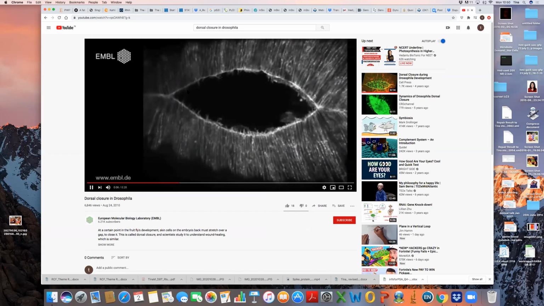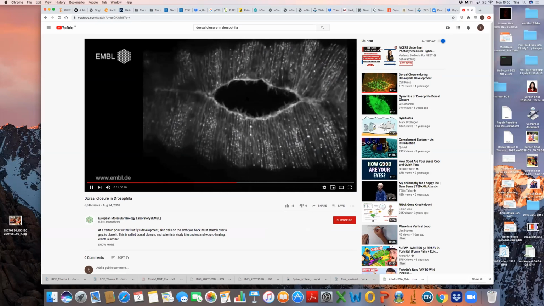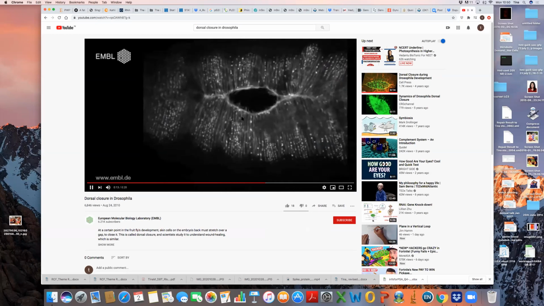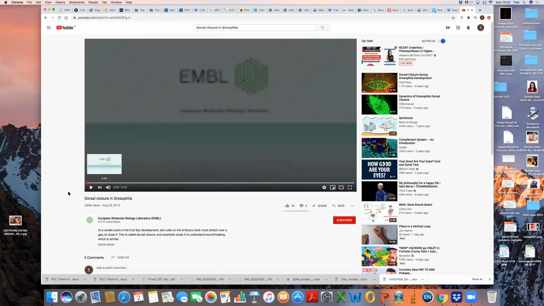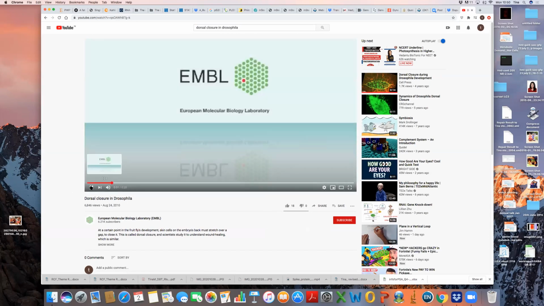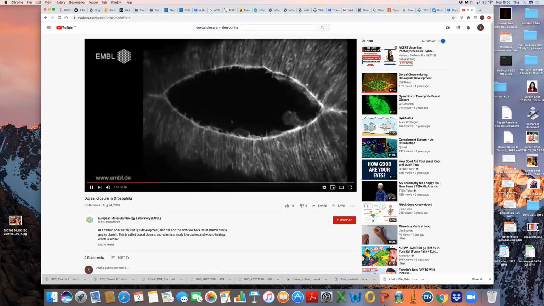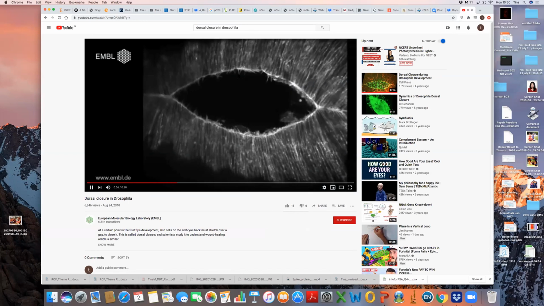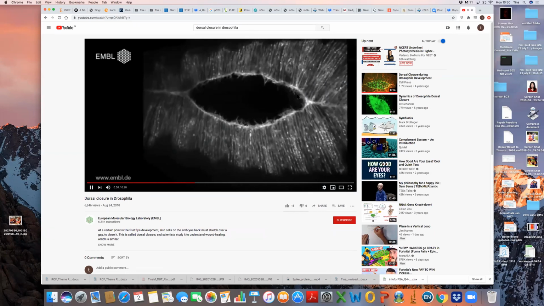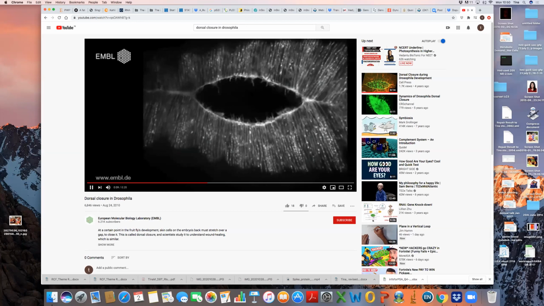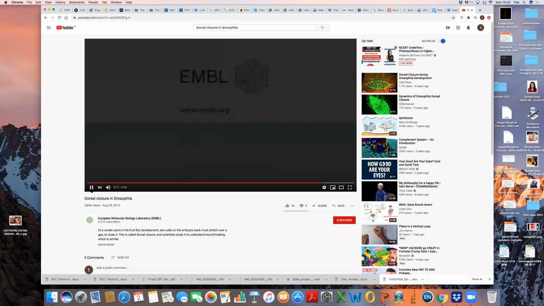So this is how the closure happens. The cells of the amnioserosa are missing, but at the two ends of the embryo, you can see how these cells are moving towards each other to stitch it. And there is this ring of actin, this cortical actin, which is very critical. It's like a very tight rope that seals it.